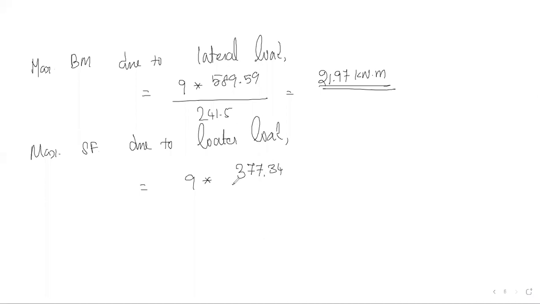So 9 into 377.34 divided by 241.5, it becomes 14.06 kilonewton. So this is the lateral shear force and moment we get because of the load. Next we are going to have the trial section, so that we will continue in the next class.